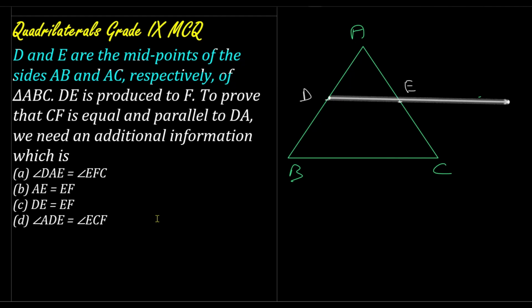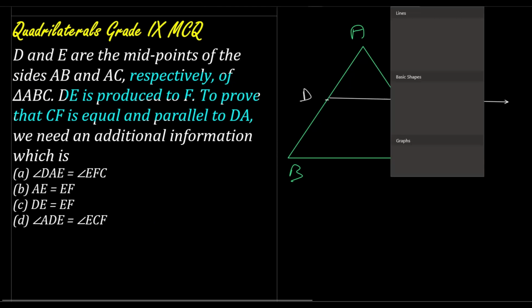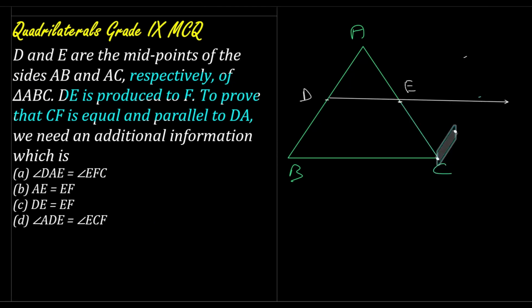Further, it says that DE is produced to F, that's done. To prove that CF is equal and parallel to DA, we need to join CF. So that means through C, we will draw a line. Let's make a line first.